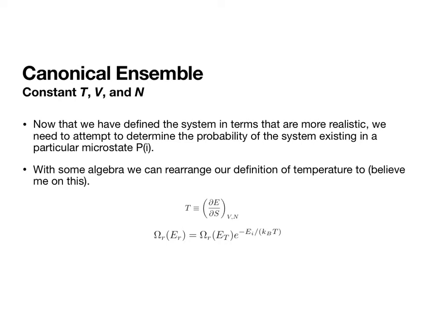The volume stays constant if we have a sealed, rigid container. And the number of moles, if we have a sealed container, what we put into that container stays in that container. So these are three variables that experimentally are controllable. But now that we've redefined our system, we have to redefine the probability of a particular microstate.